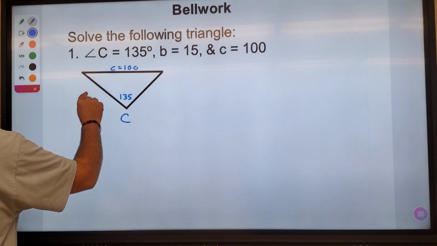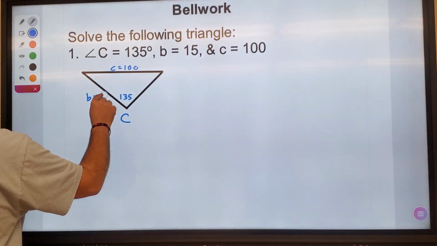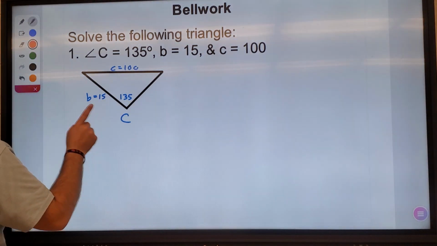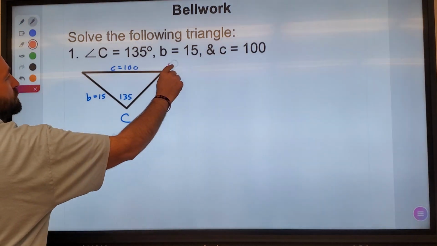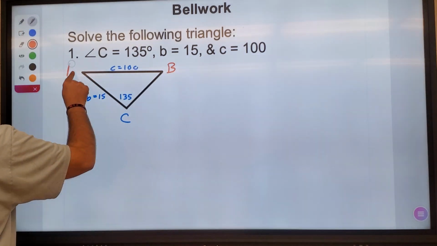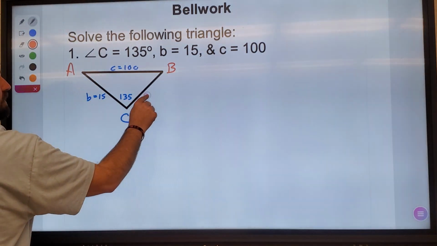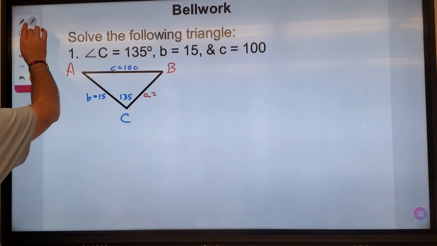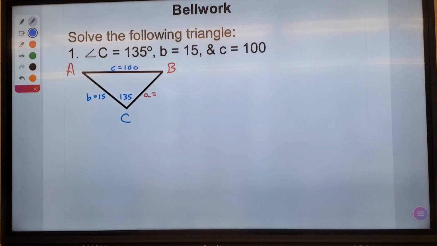And we're going to call this side B. So we need to find angle B, angle A, and side A. We don't have that situation where I have two of the angles so I can find the third angle, so I'm going to have to set up law of sines first.